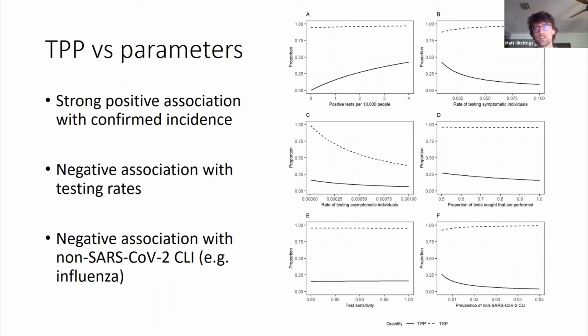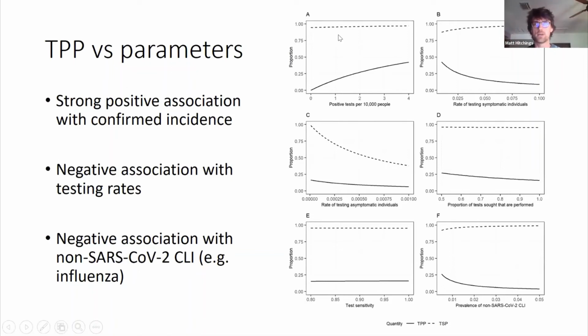What's happening here is you're holding the rate of confirmed incidence constant. If two places have the same confirmed incidence, but one is testing more, they're capturing a higher proportion of actual cases. So there are truly fewer people out there seeking testing. That is the explanation: if the confirmed incidence is the same and you're doing more testing, then the true incidence is actually lower.